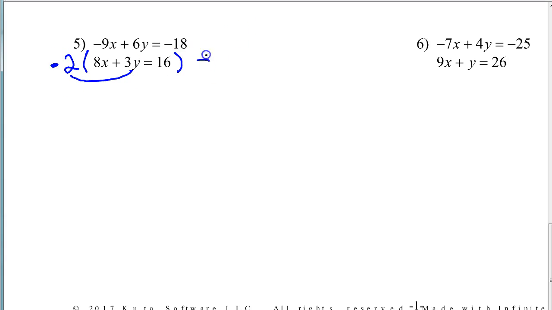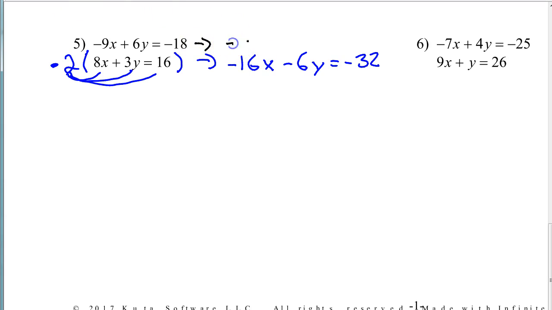So we have the bottom now, it's going to be negative 16x, right? So I have to multiply each one of these. Negative 2 times 8, negative 2 times 3, which is negative 6y. And negative 2 times 16 is negative 32. So we can multiply the bottom equation as well.